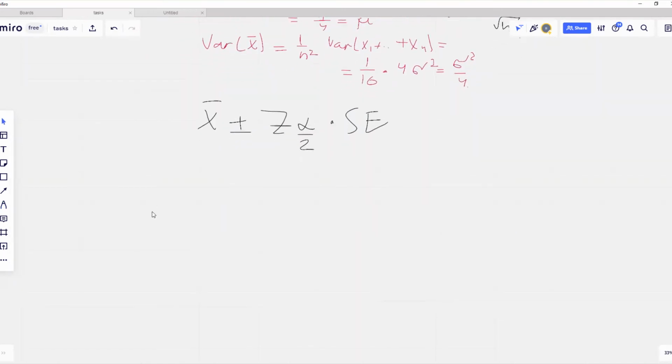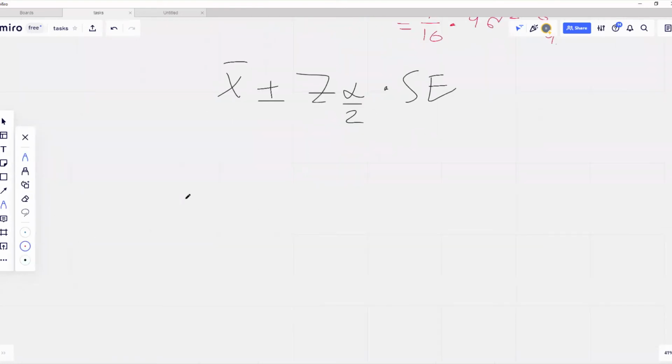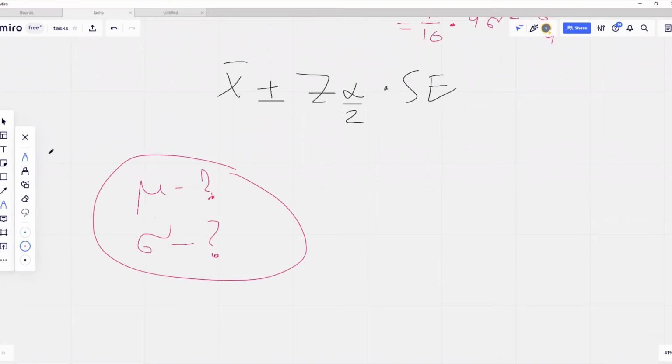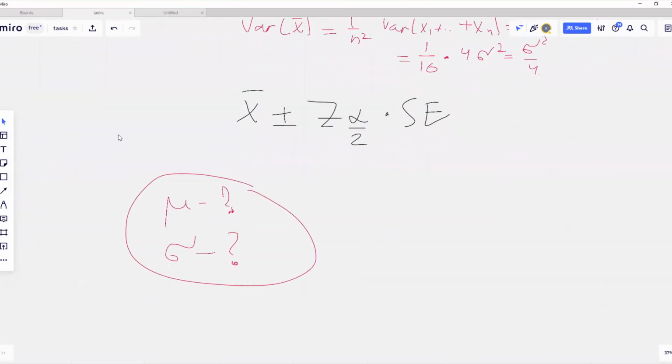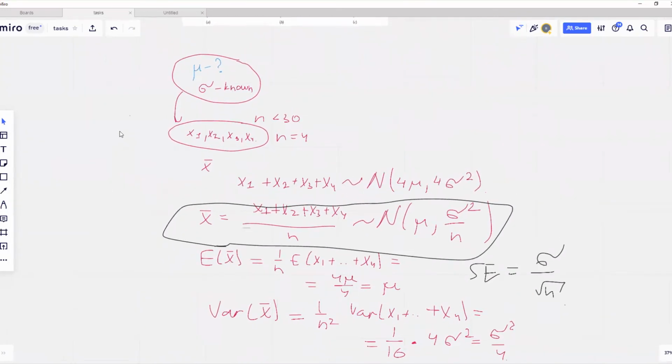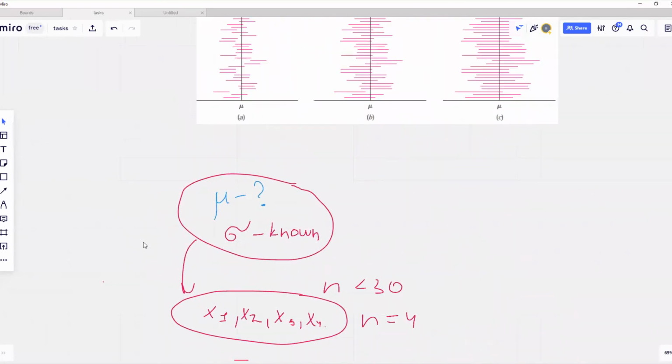All right, now let's consider another case. Let's assume that we would like to make inferences about the population mean from a population where mu is unknown and sigma is also unknown. Also, I forgot to mention, let's assume in that case that we know the PDF of our population is normal.